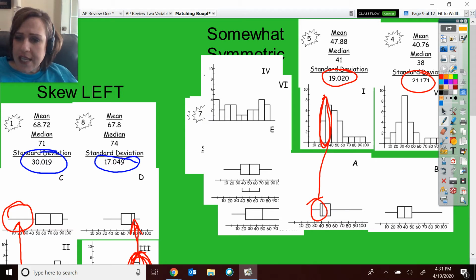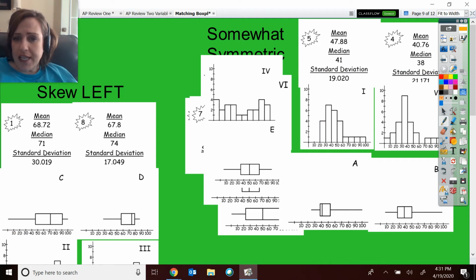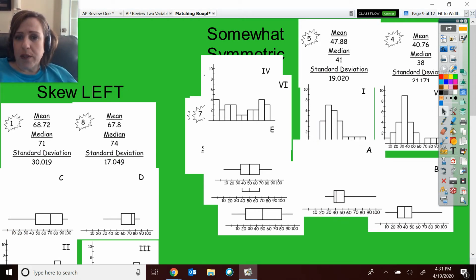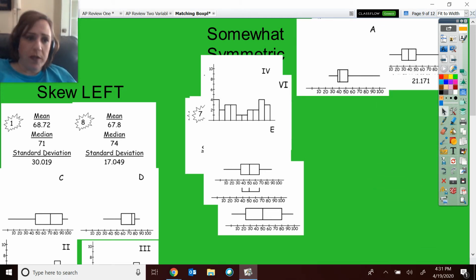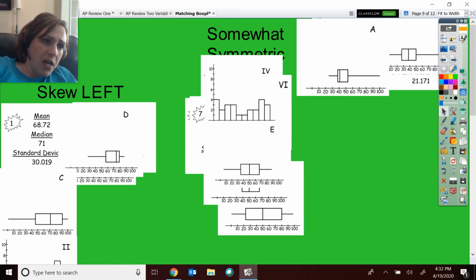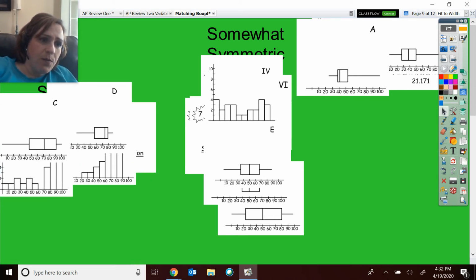Another indicator is I can tell these are going down to 10 and below, and this one, the lowest, is above 20. So there are some other indicators as to why I say that this A goes with this left, smaller standard deviation one, and that one's the larger one. All right, so I've got all of that together.